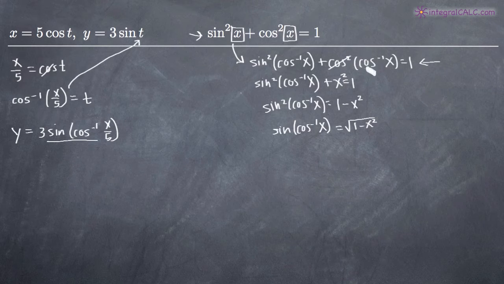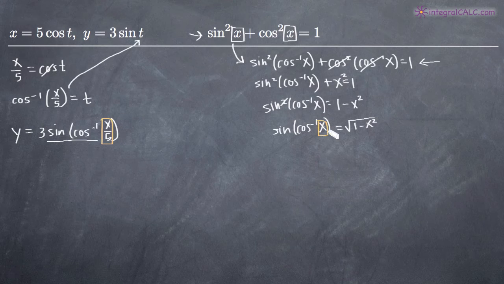Again, this cosine and this one will cancel, and you'll be left with x squared. Then if we subtract x squared from both sides and take the square root of both sides to eliminate this squared term, we'll get sine of the inverse cosine function of x equals the square root of 1 minus x squared.